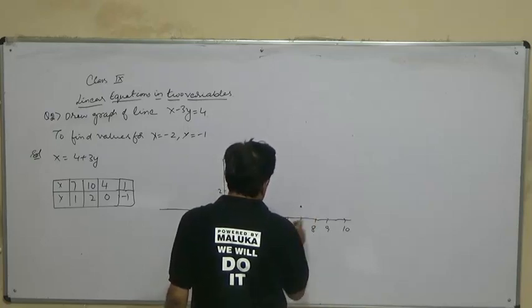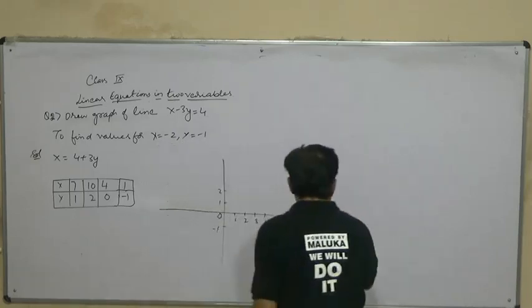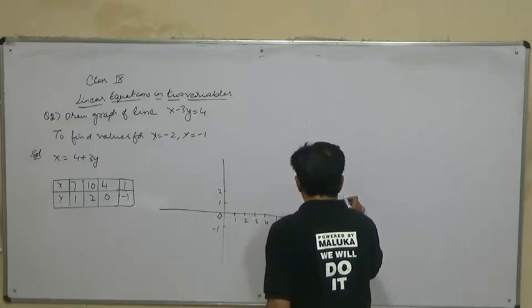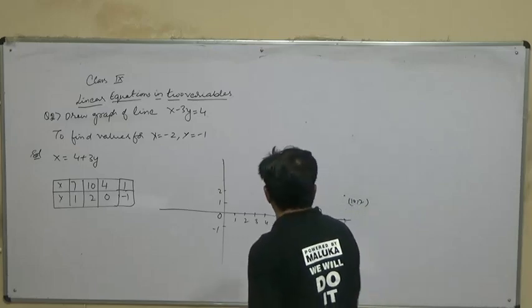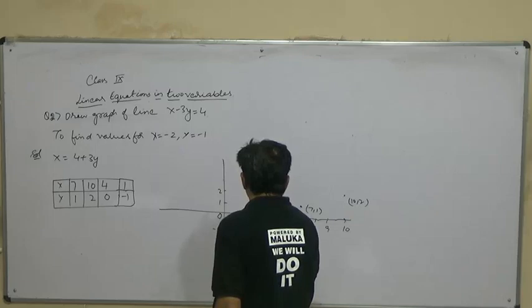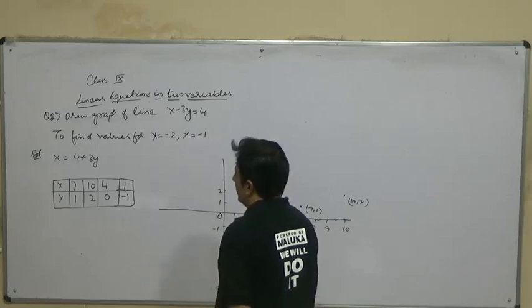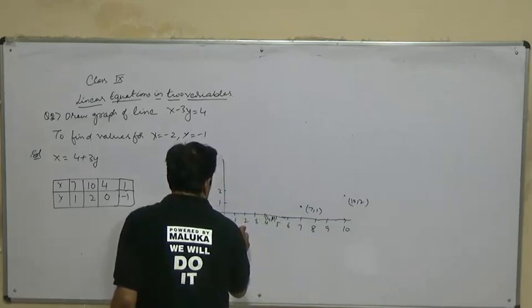This is your first point, (7, 1). Second is (10, 2). This will be your (10, 2). Then next is (4, 0). This is (4, 0). It lies on the x axis. Then (1, -1). So this will be (1, -1).